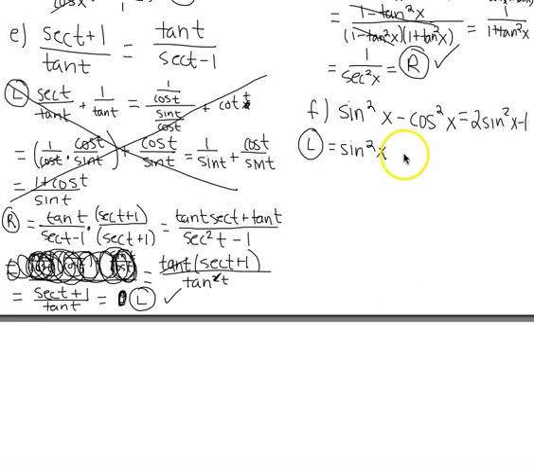Pythagorean identity says sine squared plus cosine squared equals 1, which means that cosine squared is the same as 1 minus sine squared. So I substitute 1 minus sine squared in place of the cosine squared.